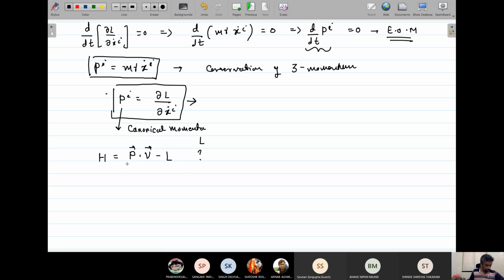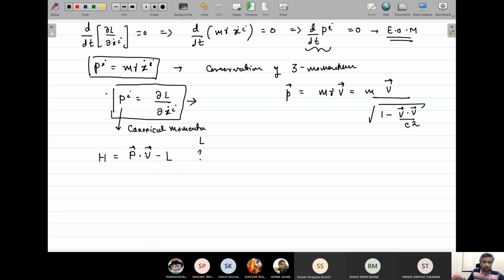To make the calculation simpler, you note the fact that our P is given by m gamma V, which is m times V divided by square root of 1 minus V dot V divided by c square.